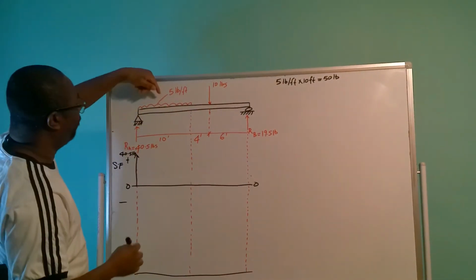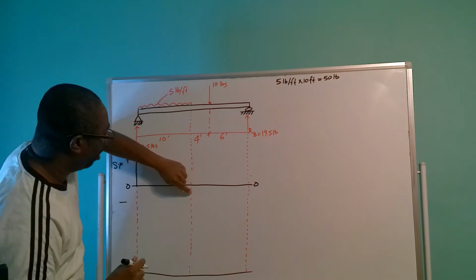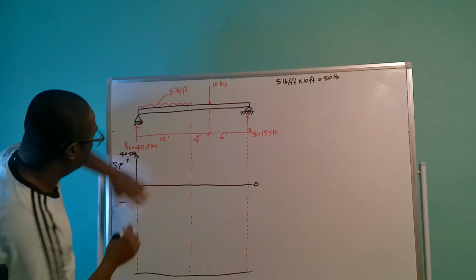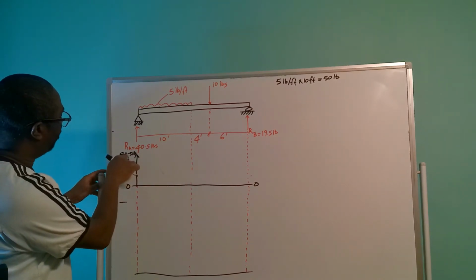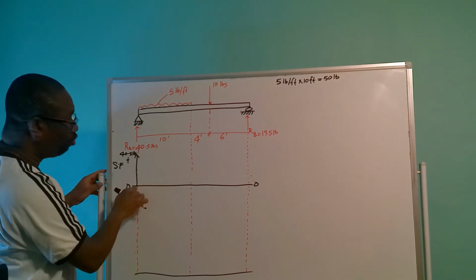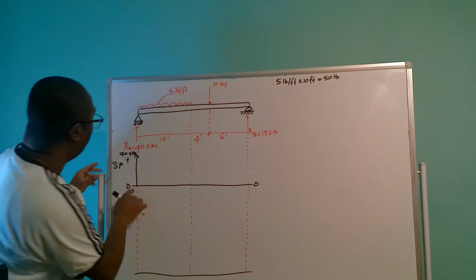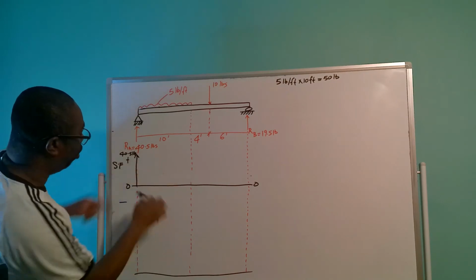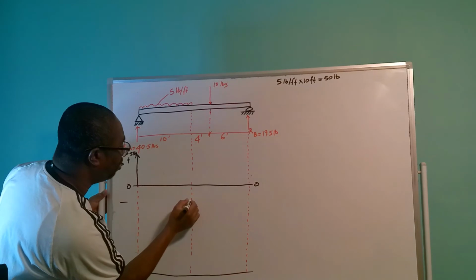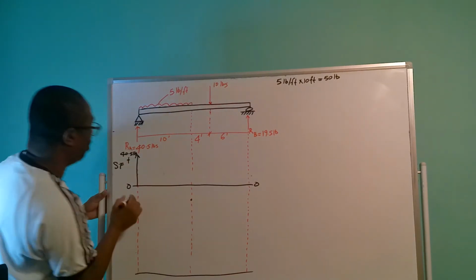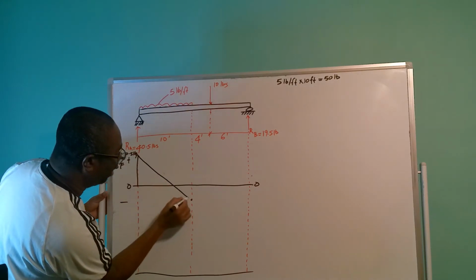So we have 50 pounds at this point pushing down on the beam. From 40.5 to 0 is 40.5, so we are only going down below the 0 line 9.5. So our shear force for the first point is going to look like this.